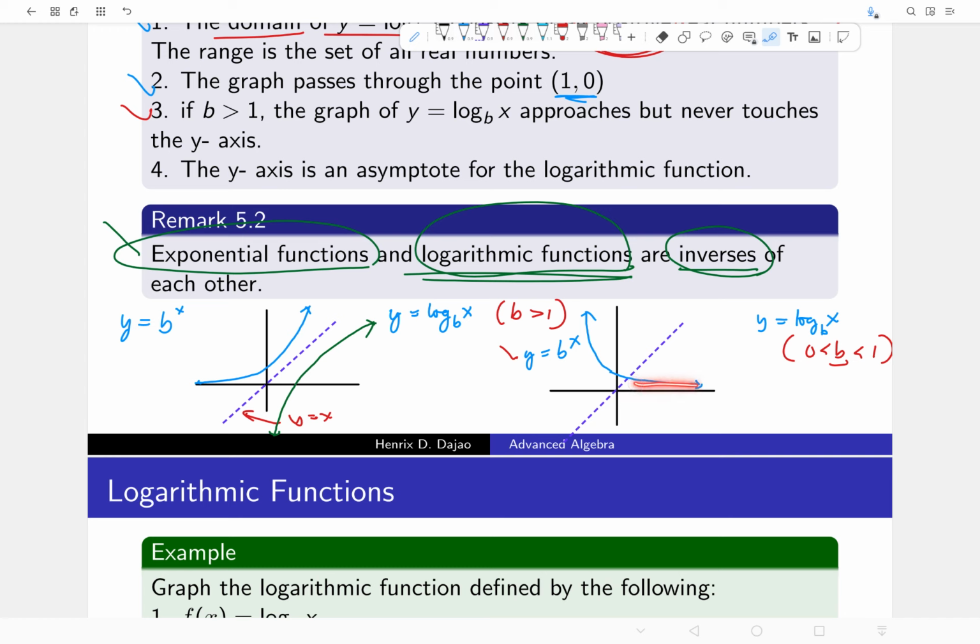The reflection of this is this one, and the reflection of this is this one. So we will combine. So this is the graph of our function defined by this when your b is this one.